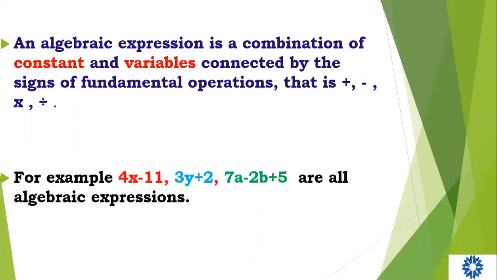For example, 4x minus 11, 3y plus 2, 7a minus 2b plus 5, all are algebraic expressions.